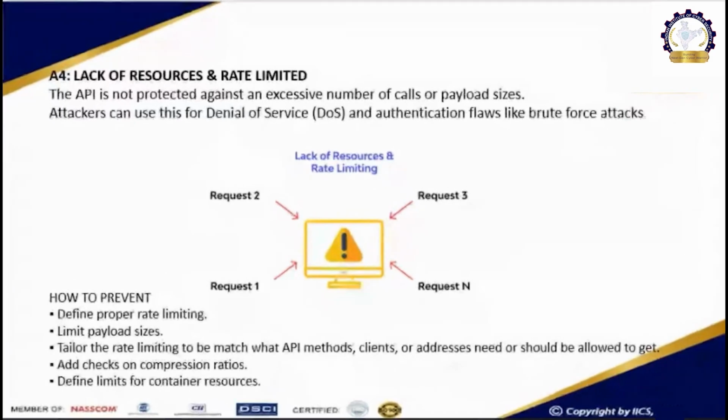Brute force, DoS, all types of attacks where we continuously send request packets to the server and ultimately it fails. In A4, the API is not protected against an excessive number of calls or payload sizes. Here we can design an attack in which we continuously send requests. An attacker can use this for DoS or denial of service attacks and authentication flaws like brute force attacks.